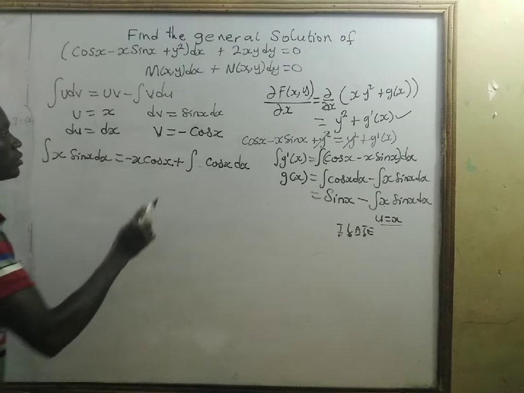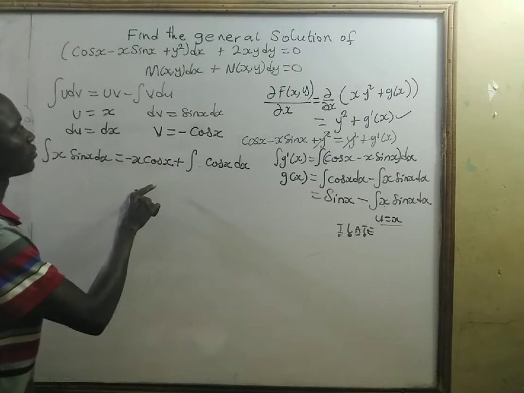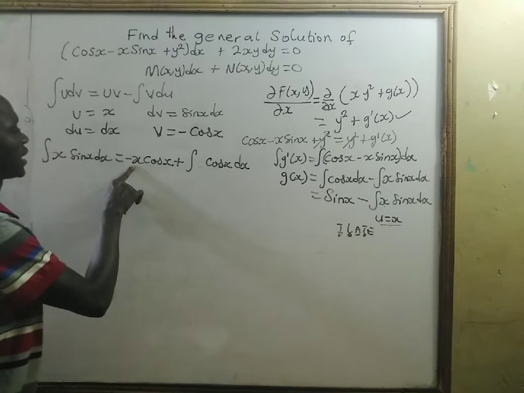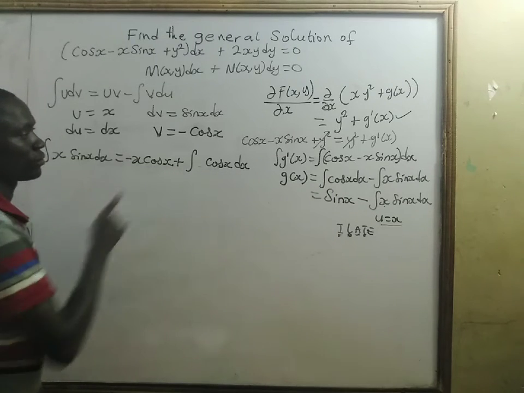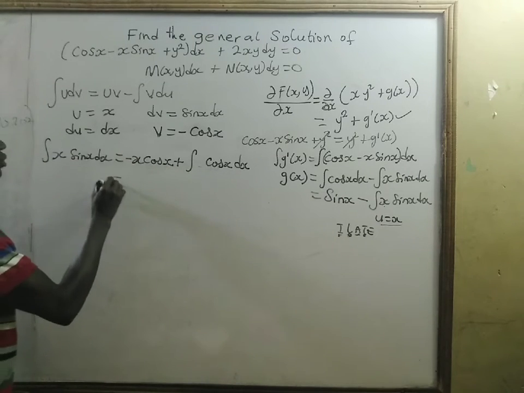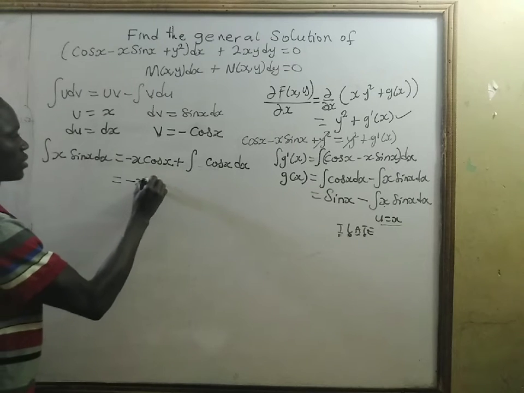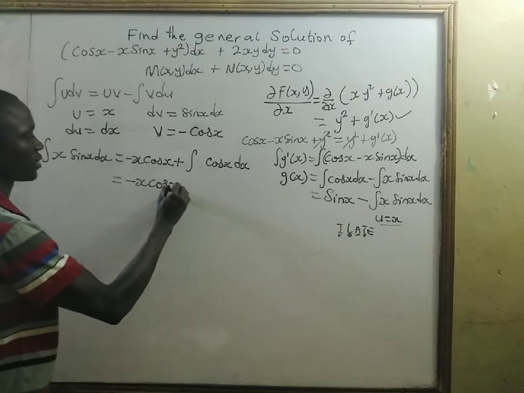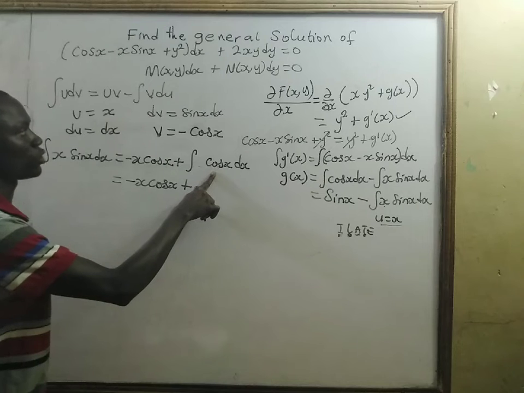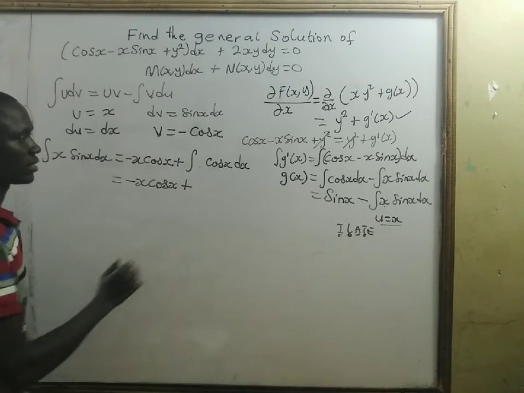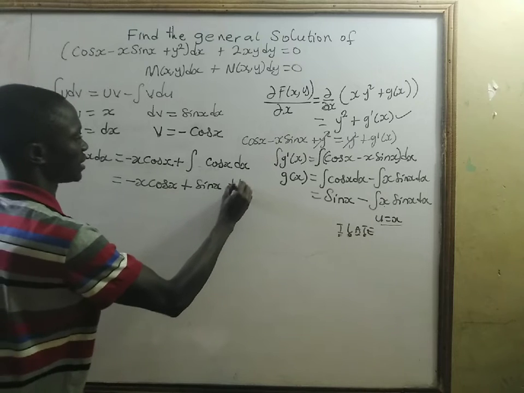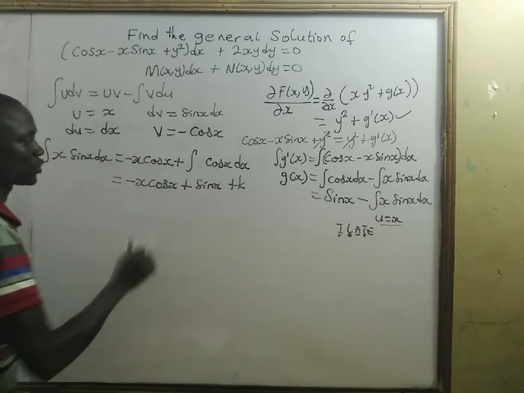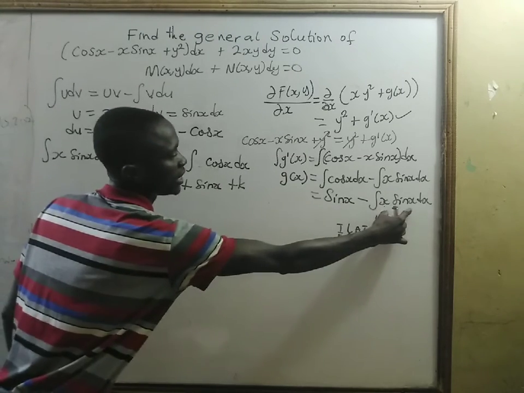Now we have negative x cosine x plus the integral of cosine x. So that will give us minus x cosine of x plus, if we integrate cosine of x, we will get sine of x plus the integral constant k. So we are going to put this one here.